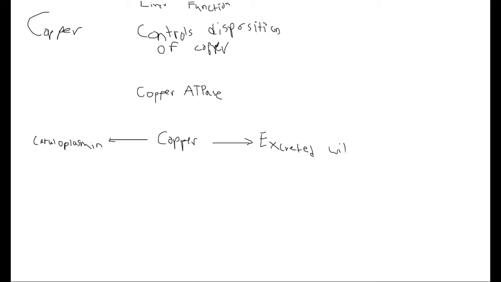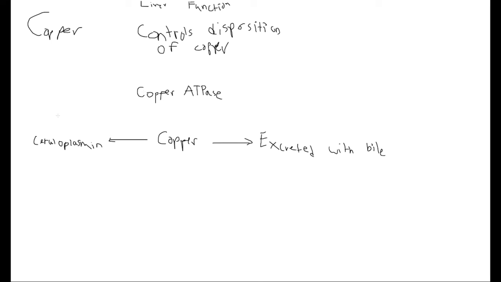So the copper ATPase is going to mediate how much of the copper is going to be excreted and how much of it is going to stay in your body as ceruloplasmin.